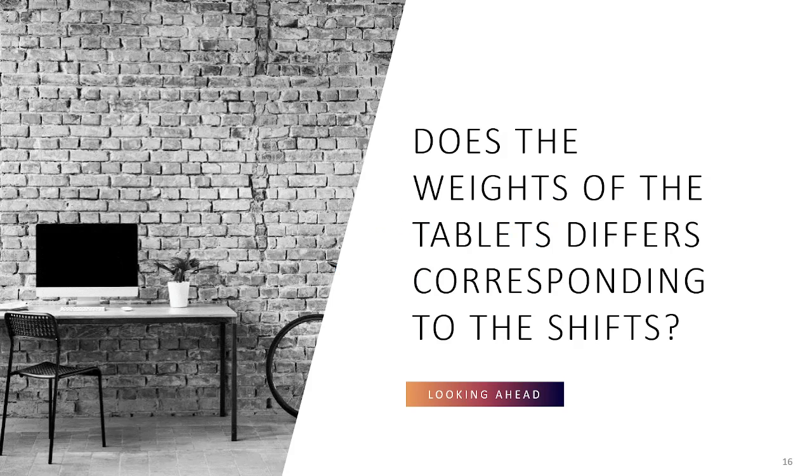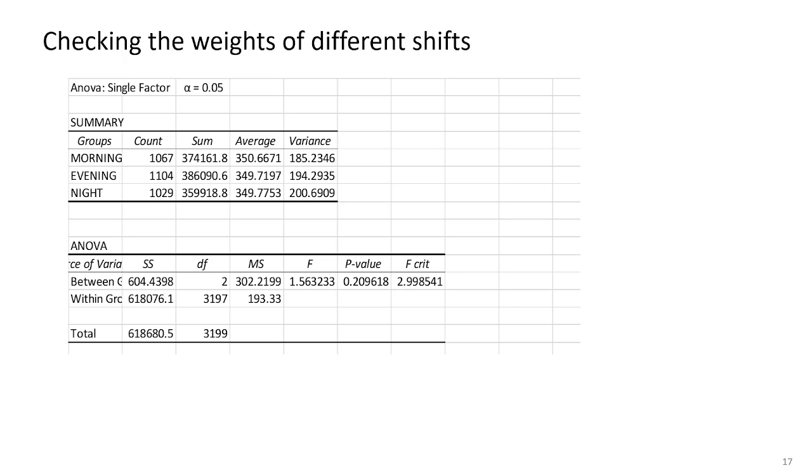So the third requirement is, do the weights of the tablet differ corresponding to the shifts? Checking this with the ANOVA single factor, in this slide you can see for alpha equals 0.5 we have produced the ANOVA table.